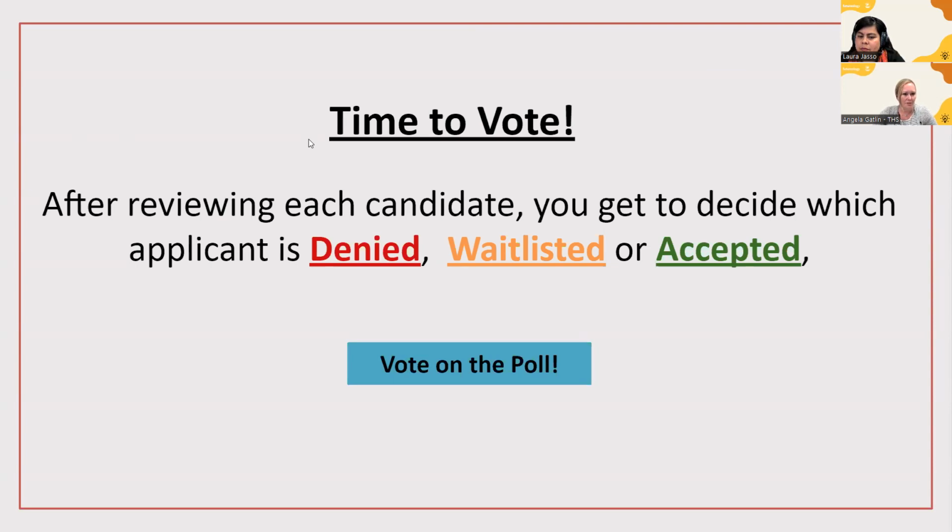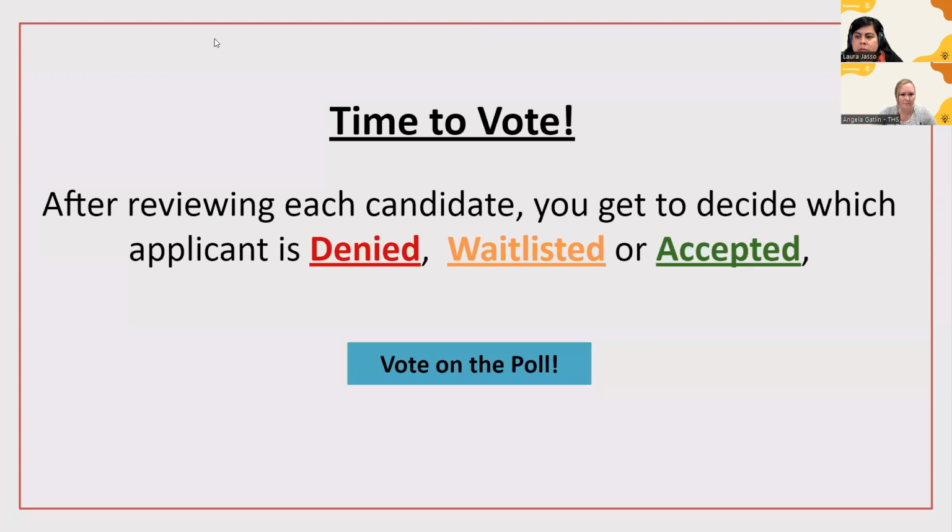So first, let's go ahead and let's have Ms. Rengifo bring up the poll of who you would deny. So who you would not admit to LWU. And Ms. Gatlin, they're all in the same poll, so they can vote for all three.